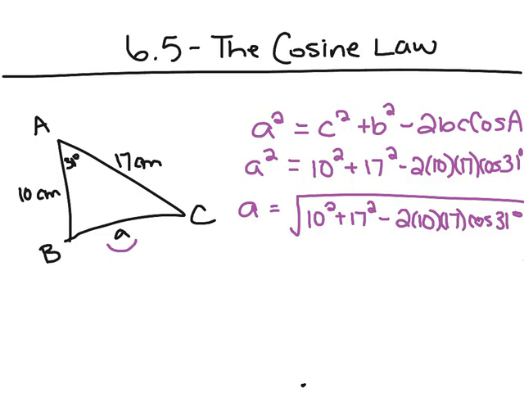So you're probably going to have brackets in there, depending on which calculator you use. If we type this all out properly, we should get 9.877, and we want to round to the nearest tenth of a centimeter, so 9.9 centimeters. So the length of a is 9.9 centimeters.